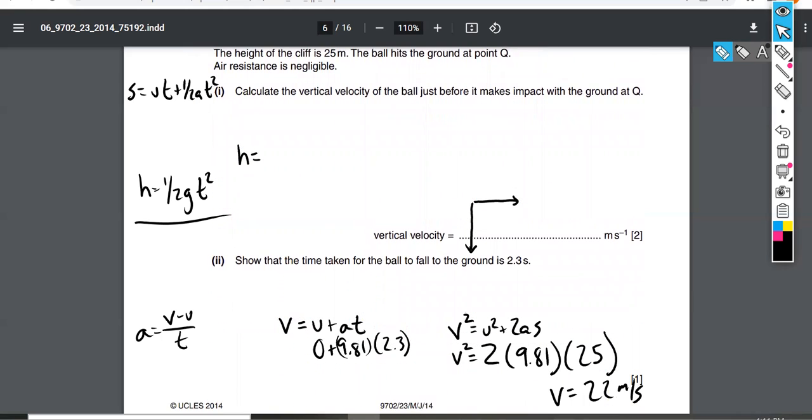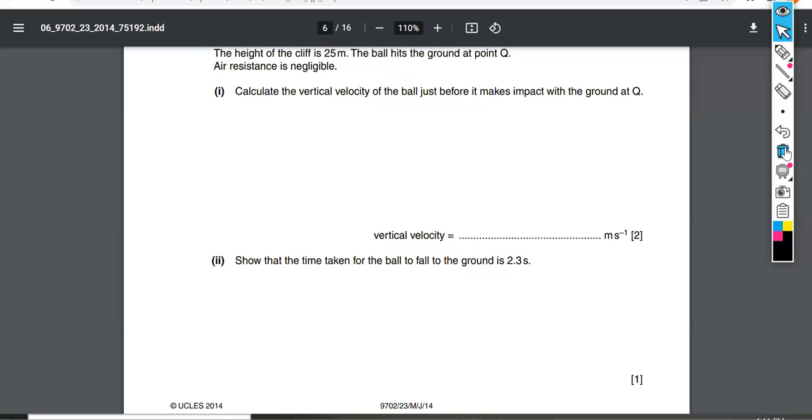Show that the time taken for the ball to fall to the ground is 2.3 seconds. So we're going to use, as I mentioned a moment ago, h equals 1/2 gt squared. A very convenient way to relate the height of something, 25 meters in this case, to the gravity field, 9.81 meters per second squared, to the time it takes to fall.